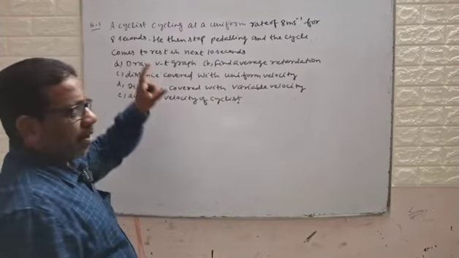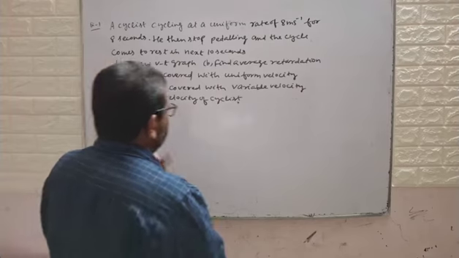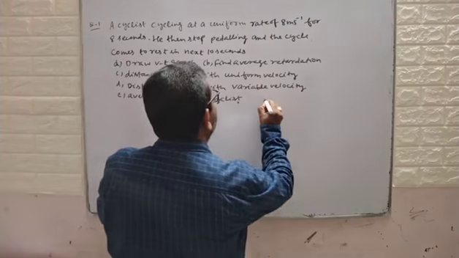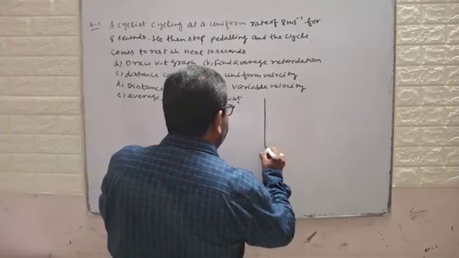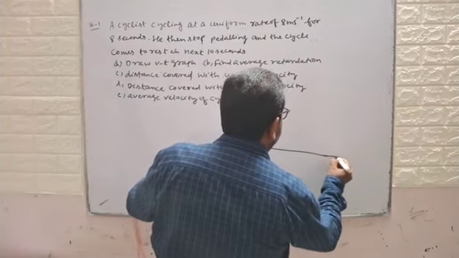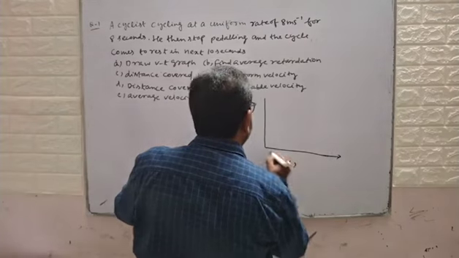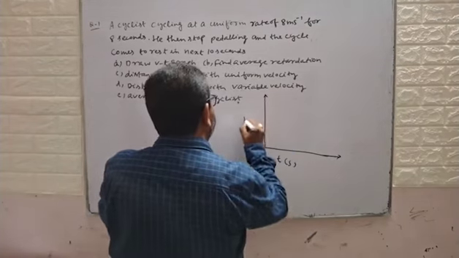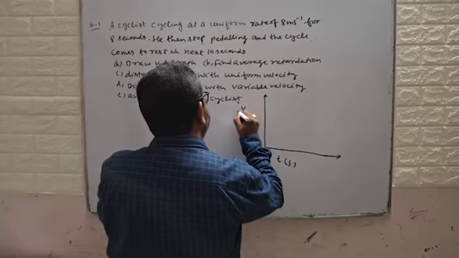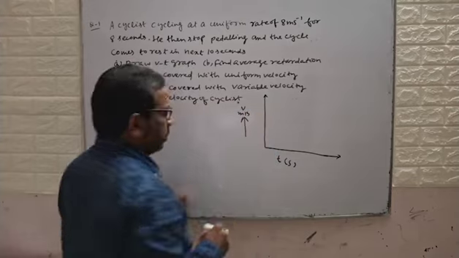How can we draw the graph? You see, we will take time along x-axis in second and velocity in meter per second in y-axis.